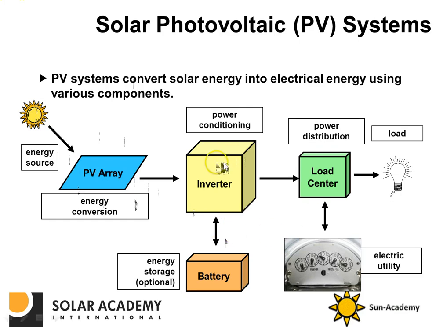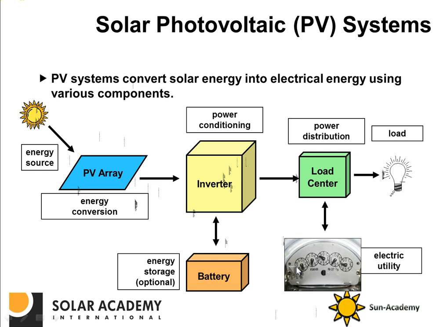Then a power conditioning device known as an inverter converts the direct current or DC electricity into alternating current or AC electricity, which can be used to power most appliances in our homes, business and factories. Any excess electricity can be fed back to the electrical utility.